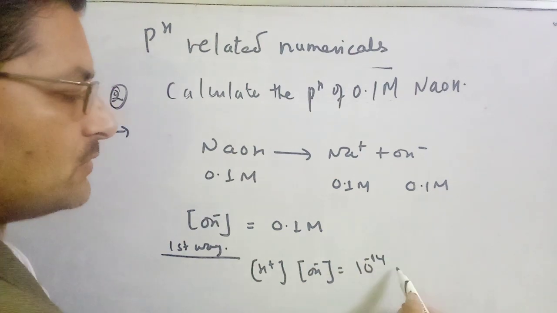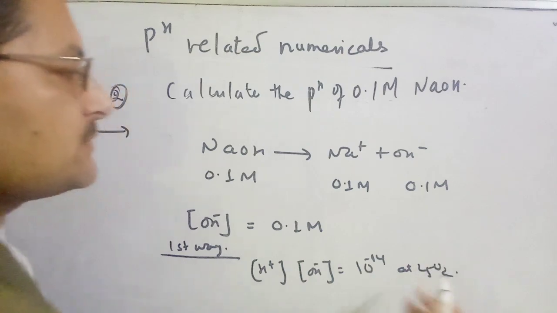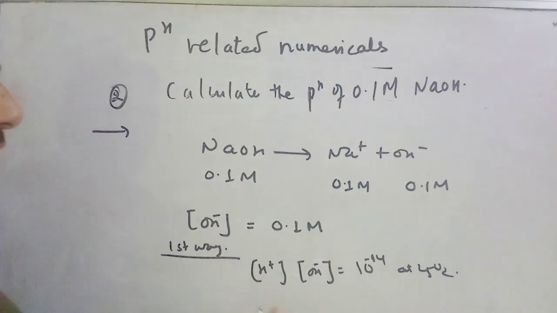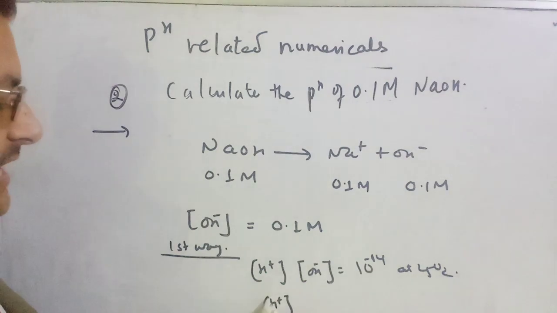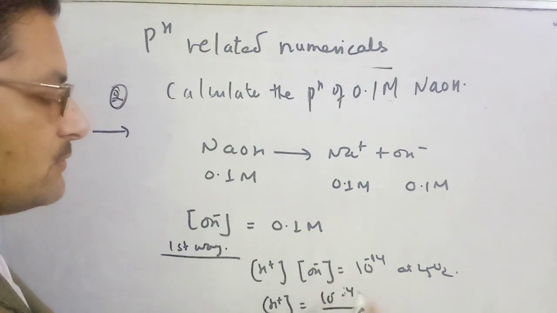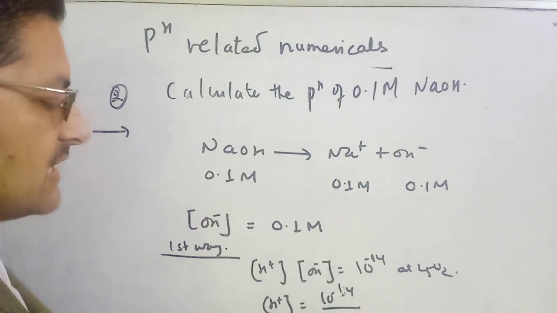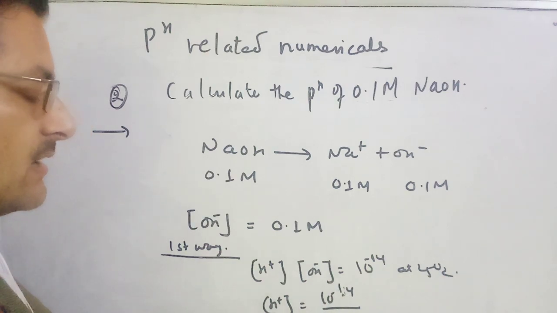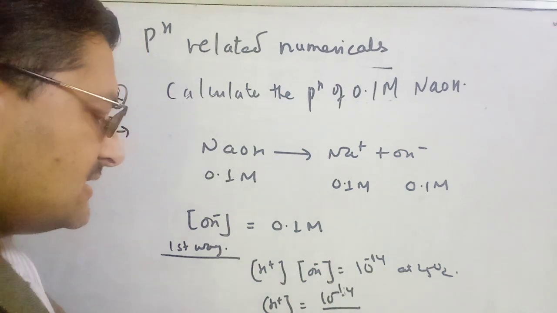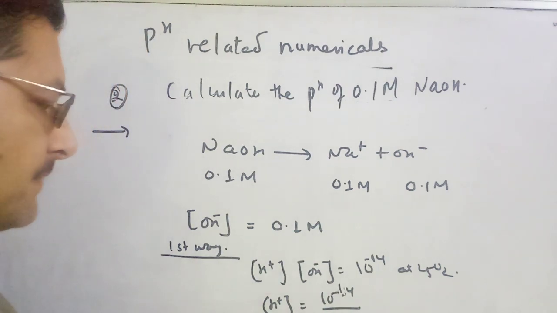Yes, that you know at 25 degrees centigrade. Let us assume that this problem is done at 25 degrees centigrade. So you can easily get the H plus ion concentration by just dividing 10 to the power minus 14 by the hydroxide ion concentration, that is 0.1. Okay, so in this way you can get the H plus ion concentration.